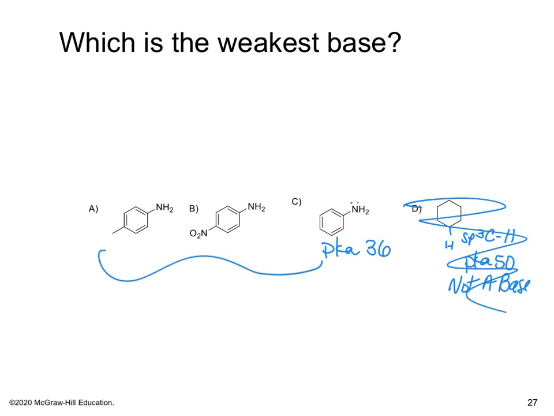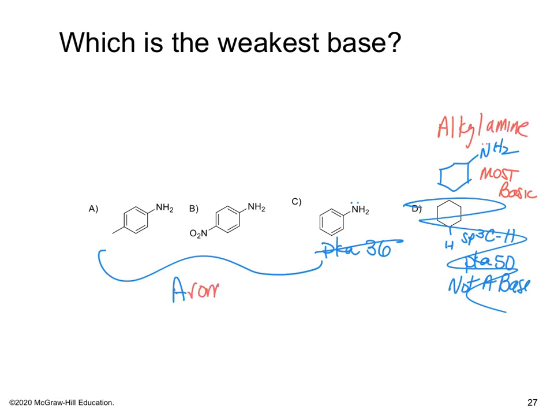Let's just compare these three. You don't need pKa values or pKb values. You can look at this and go, okay, these are all three. I bet you this was supposed to be like this, this is probably a typo. And if that was the case, then this would be your most basic, because this would be an alkylamine. So just go ahead and make that correction.